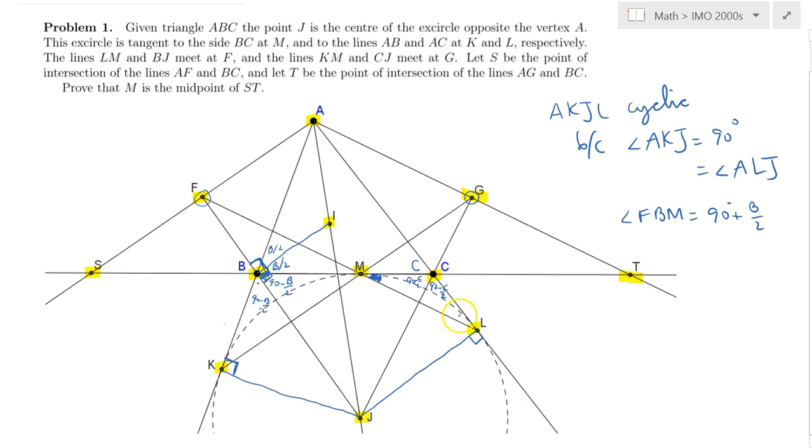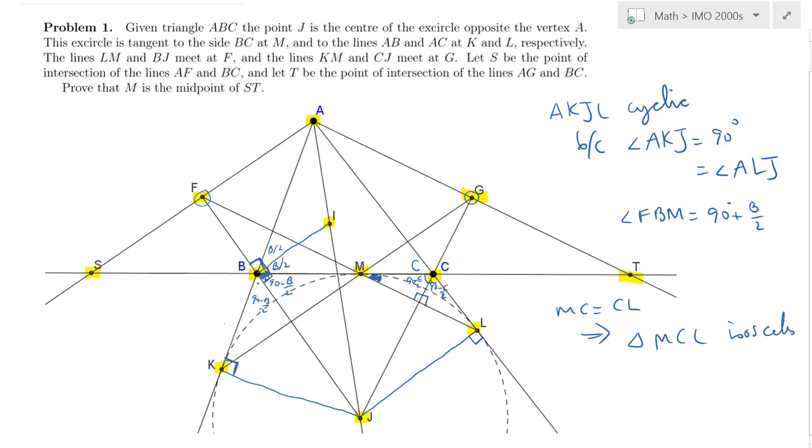Recall that MC is equal to CL because of equal tangents, so MC equals CL implies that triangle MCL is an isosceles triangle, and as a result we have an angle bisector on an isosceles triangle.